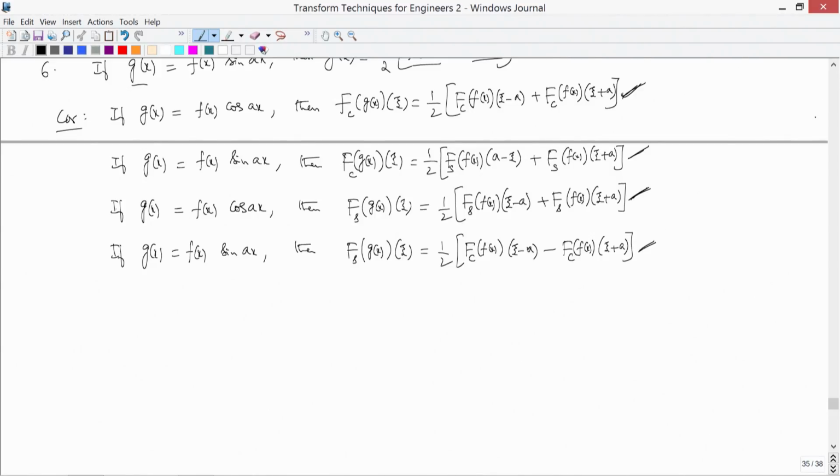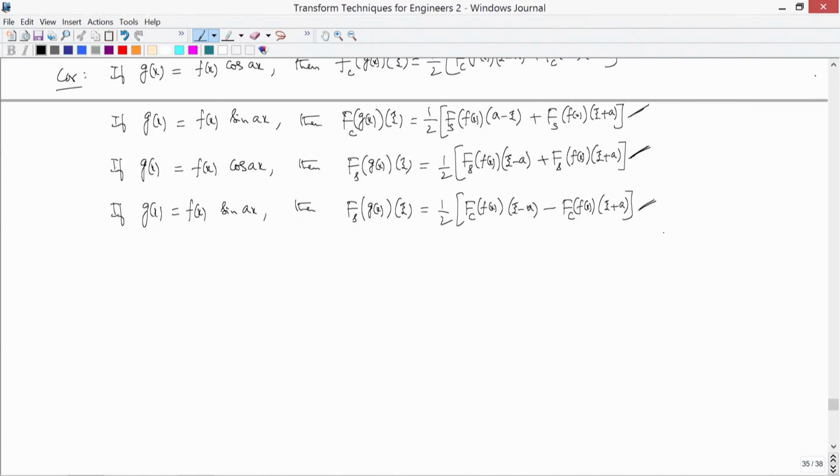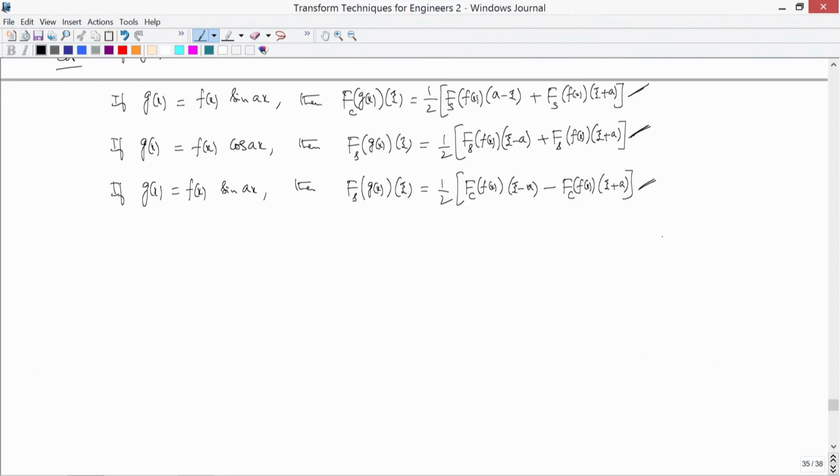We will define some more properties. One of the important properties we have already used is: if f is a piecewise continuously differentiable function, and f dash is also an absolutely integrable function.